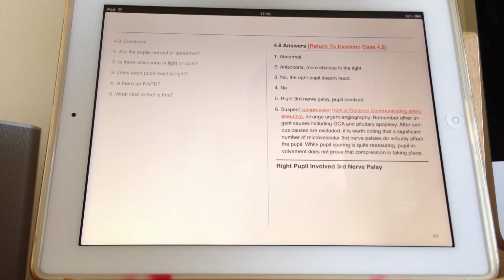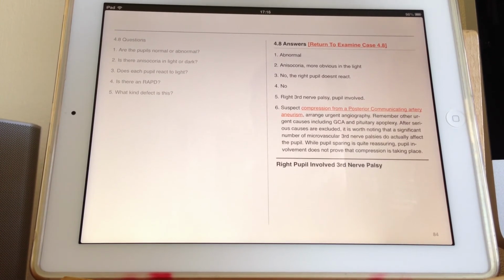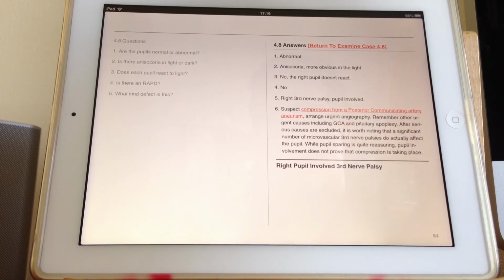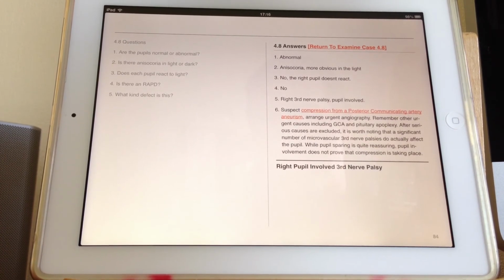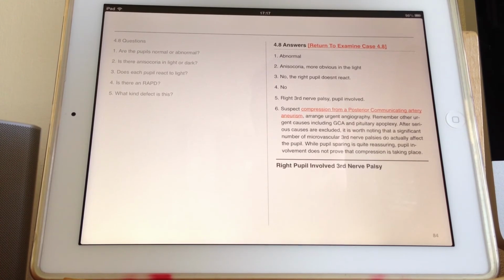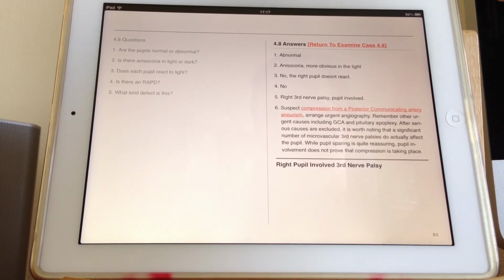Often people have a magnetic resonance angiogram, an MRA, and from then they would go for further angiography with formal coiling if that was a dilating posterior communicating artery aneurysm.